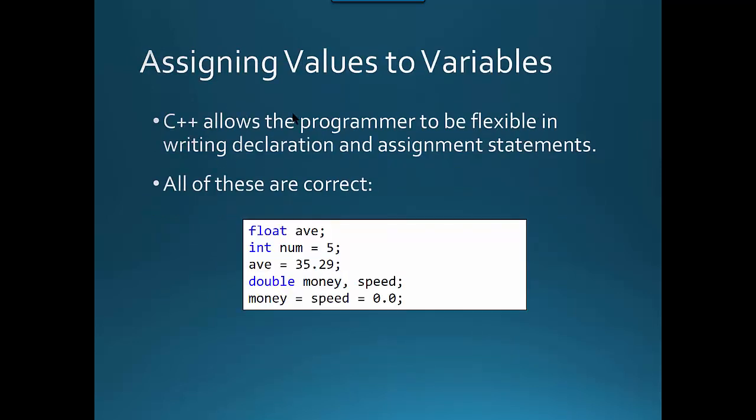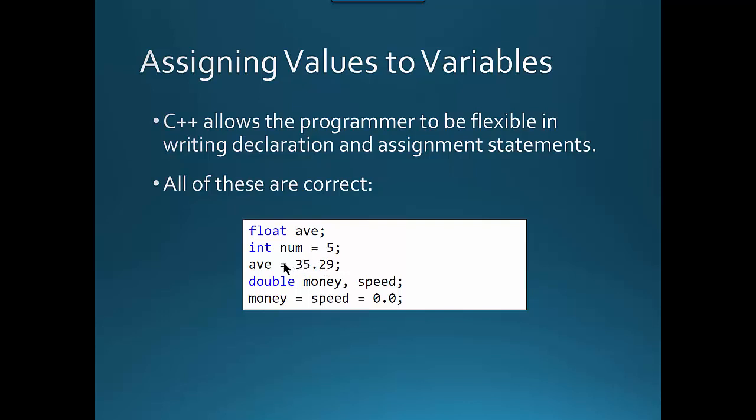Now, once we have a piece of memory to store things in, then the question is, how do I put values into that variable? Well, one way is you can declare your variables beforehand, and then later on in your program, you can assign values. And the way we assign values is with the equal sign. The temptation is to say ave equals 35.29 or num equals 5.